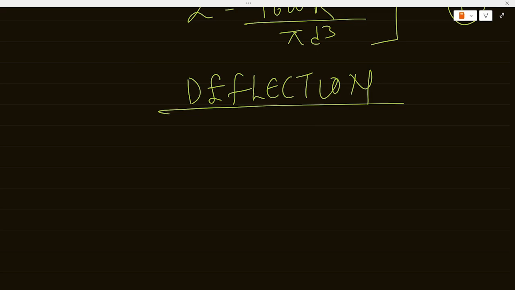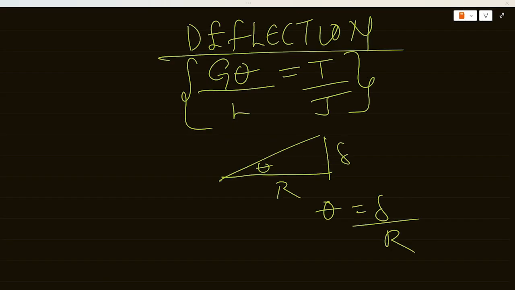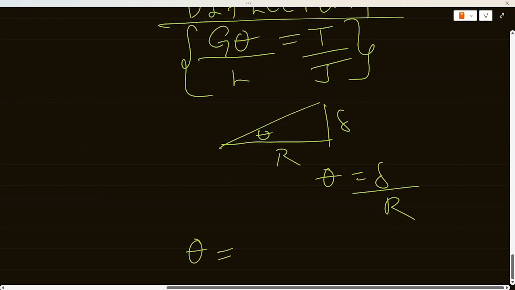So now, back to our torsion relation. G theta, that is G, our modulus of rigidity, times our angle of twist over L, is equal to T over J. From this equation, we can say that the angle of twist is equal to TL over JG.